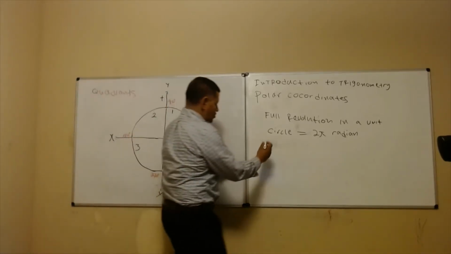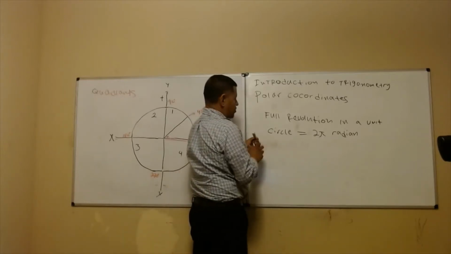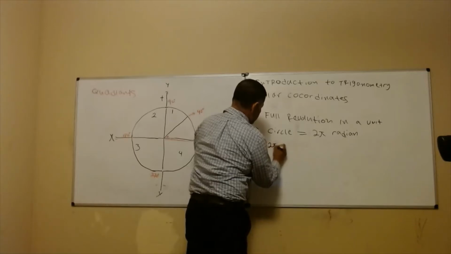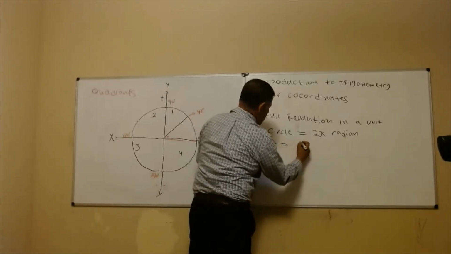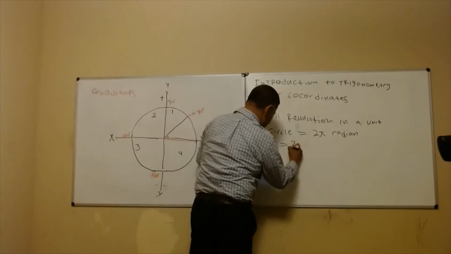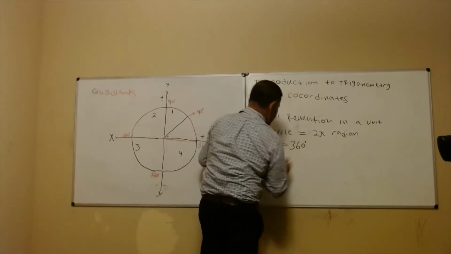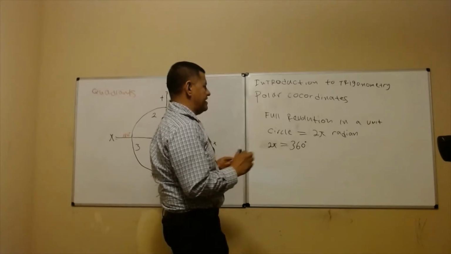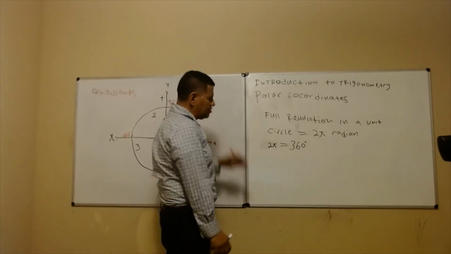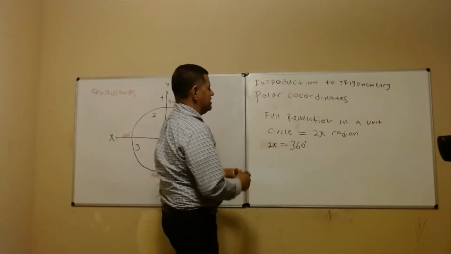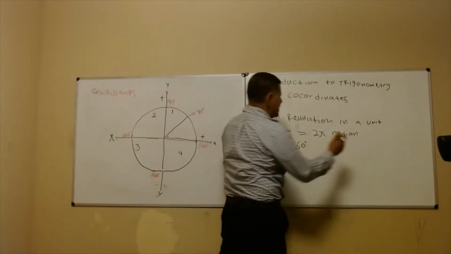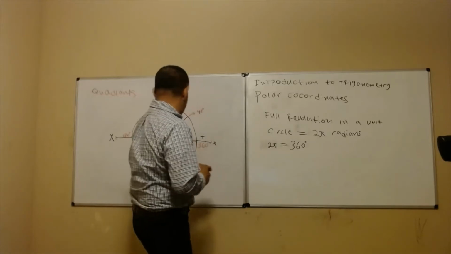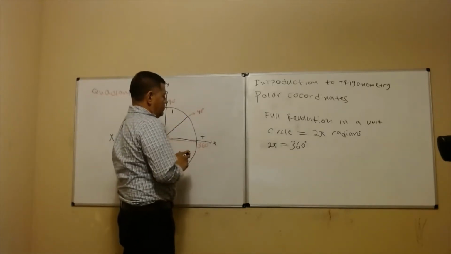And then also 2 pi is equal to 360 degrees. And I will do some conversion, how to convert from radians to degrees, but not in this video.